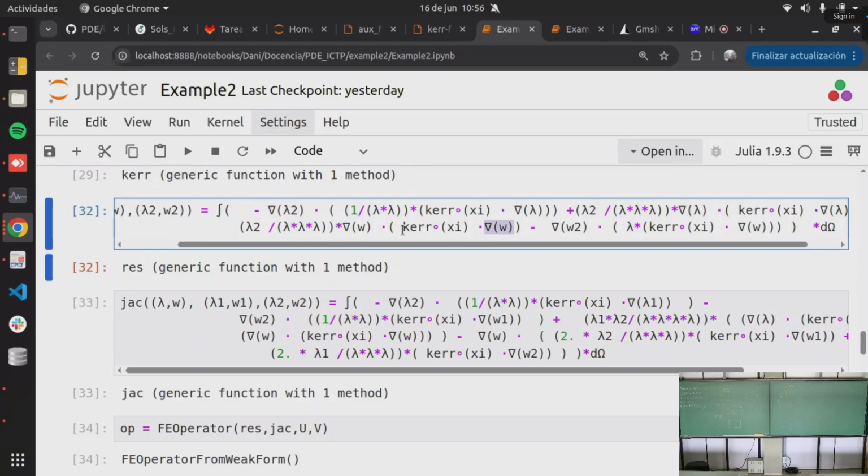So I perform here the contraction of a tensor and a vector field. I have to explore all the defined functions of Gridap to be sure that I am doing here everything that I need. So in this case, this performs a contraction in our way.